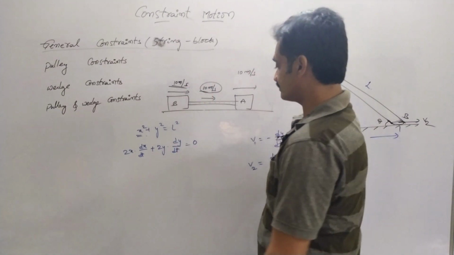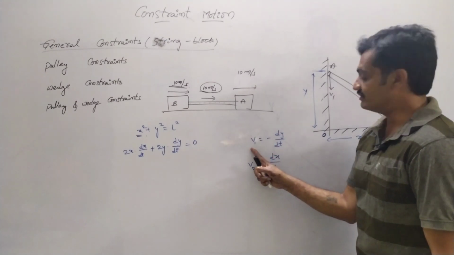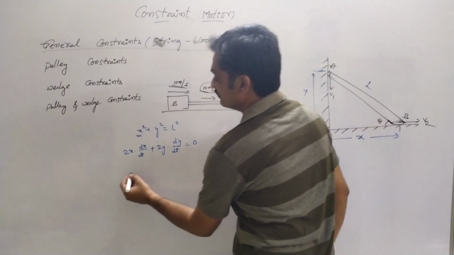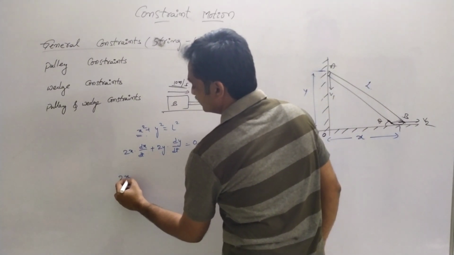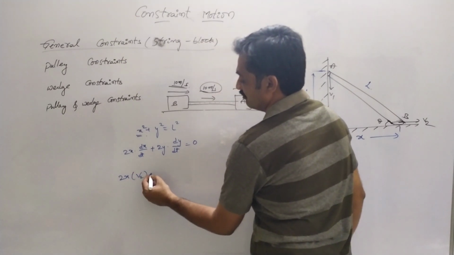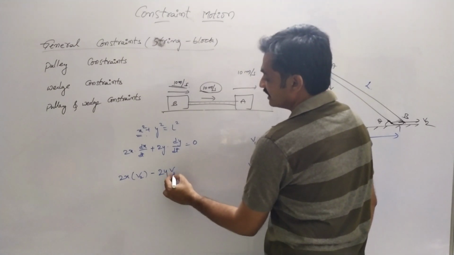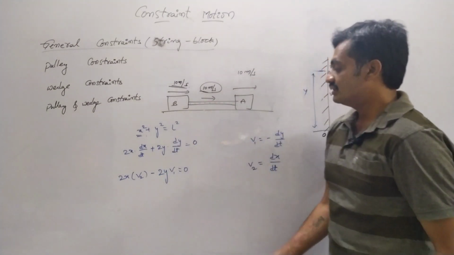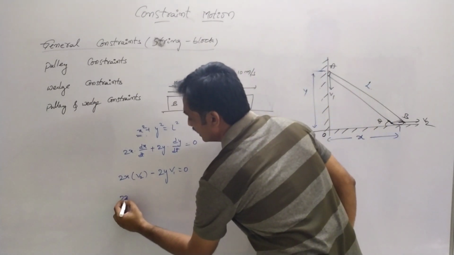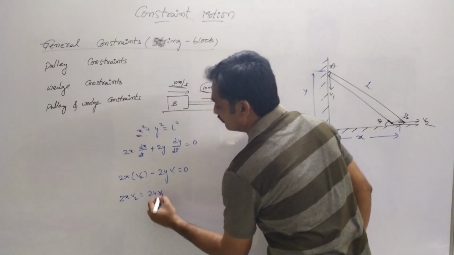Whereas here observe that dy by dt equals minus v1 and dx by dt equals v2. If we substitute these values, we have 2x into v2 minus 2y into v1 equals 0. Bringing this term to the other side, we have 2x v2 equals 2y v1.